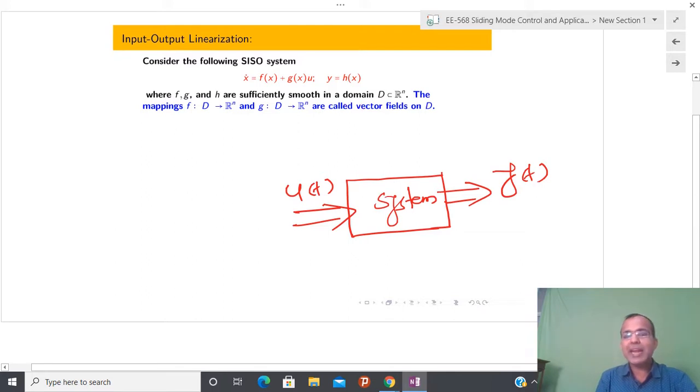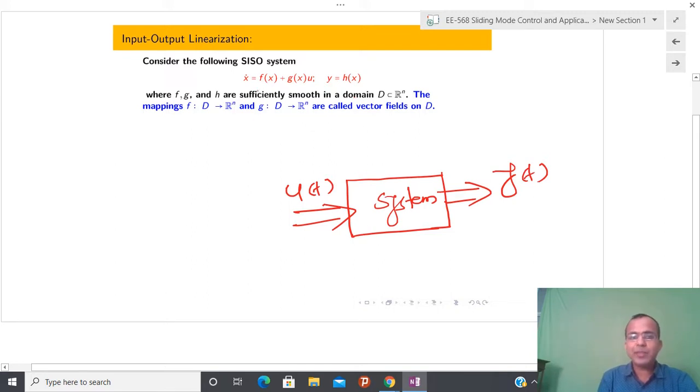So for that I am going to start with a very simple system, that is a single input single output system. So I have just one control and one output. It is possible to show that the same kind of methodology one can extend to multi input multi output systems also. But let us first try to see how much we can tell about the single input single output system.